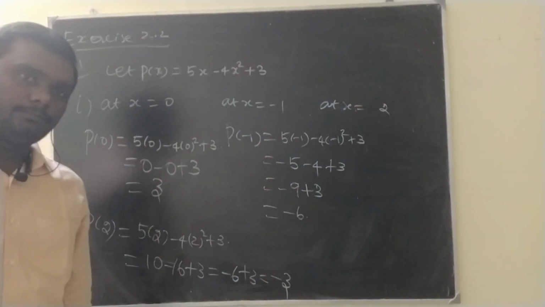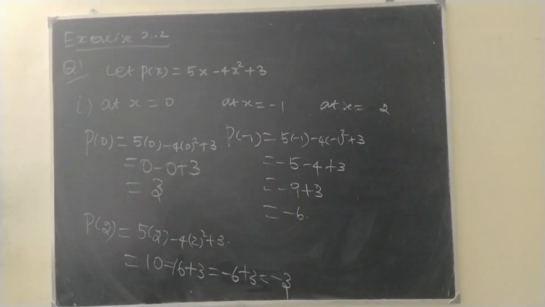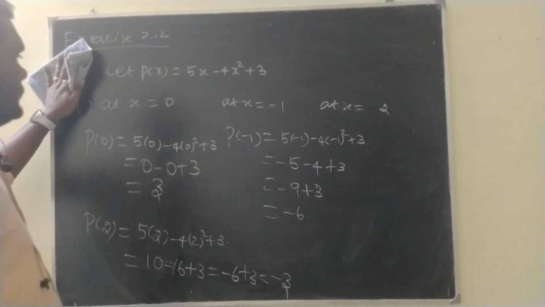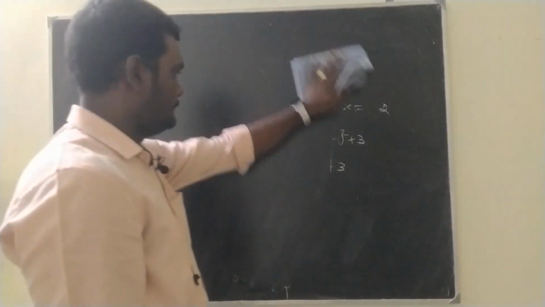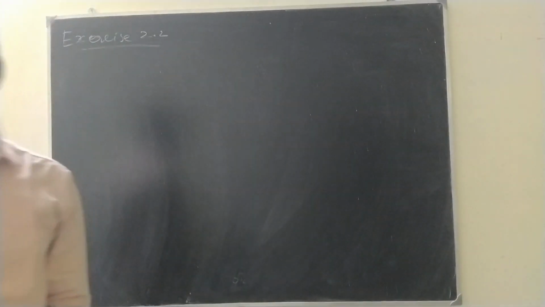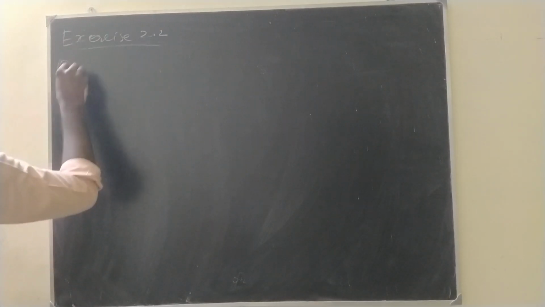Any doubts on this? Next question. Find P of 0, P of 1, P of 2 for each of the polynomials. Question number 2.